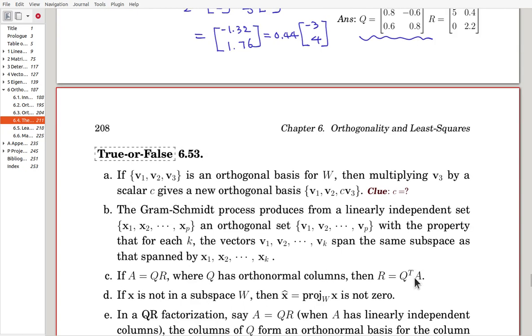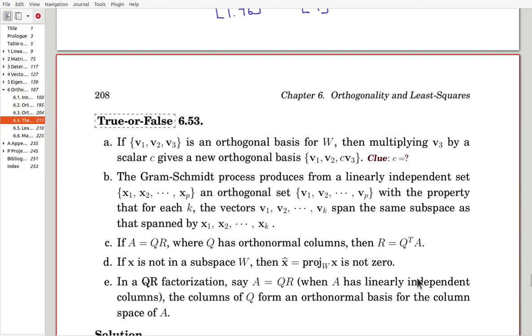Now we reach the true or false problem. Part A: if v1, v2, v3 is an orthogonal basis for W, then multiplying v3 by a scalar c gives a new orthogonal basis.